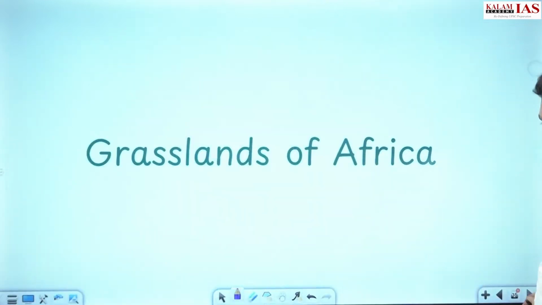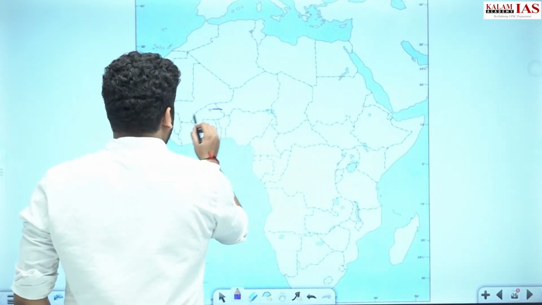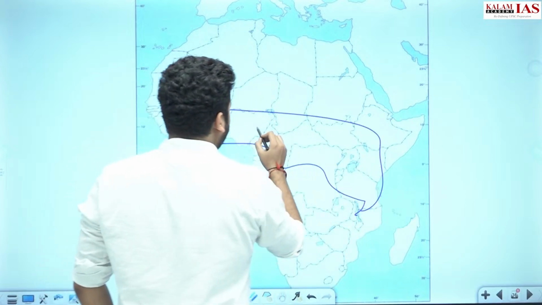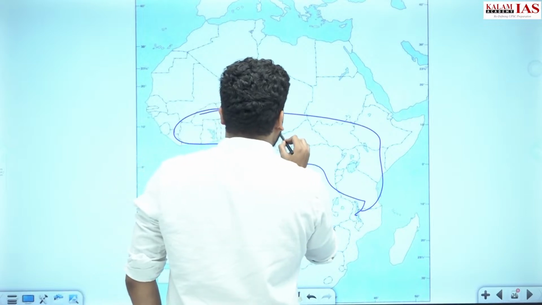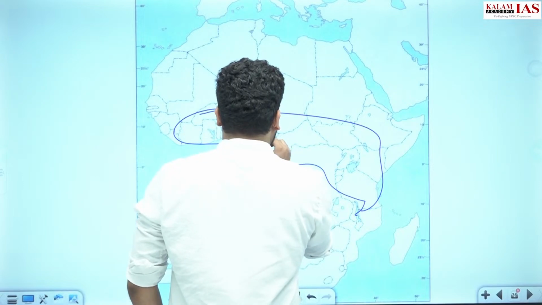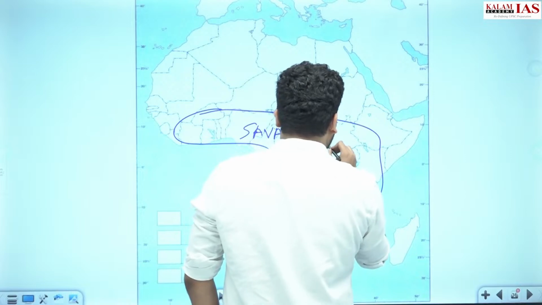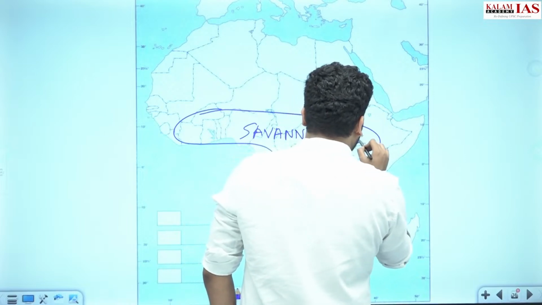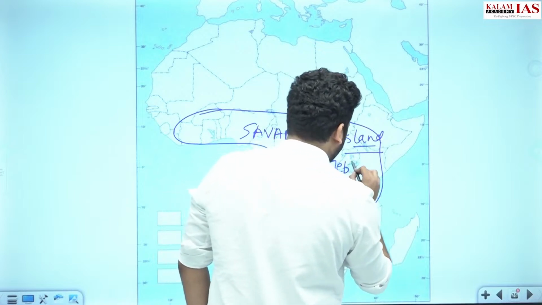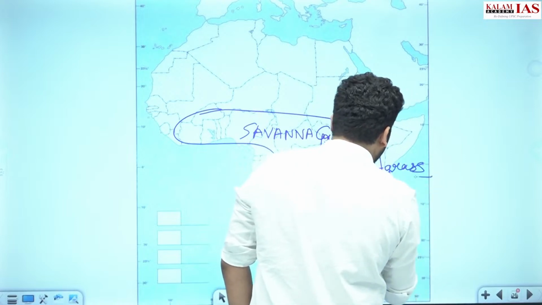Grasslands of Africa. You must be aware about the savanna grasslands. The famous elephant grass is also there.